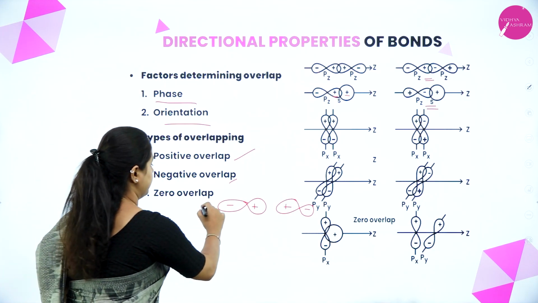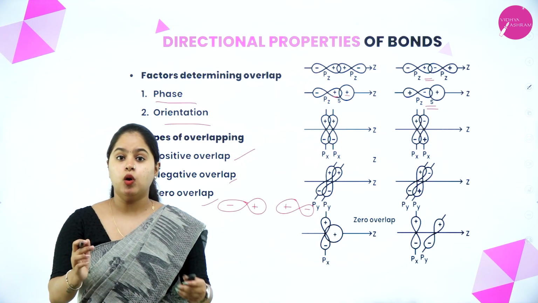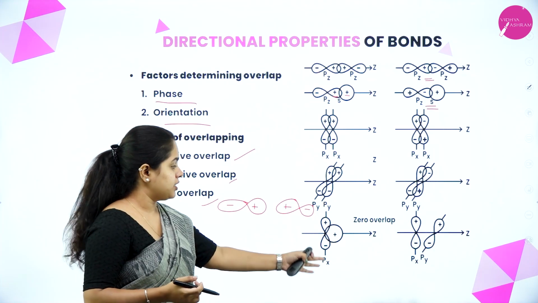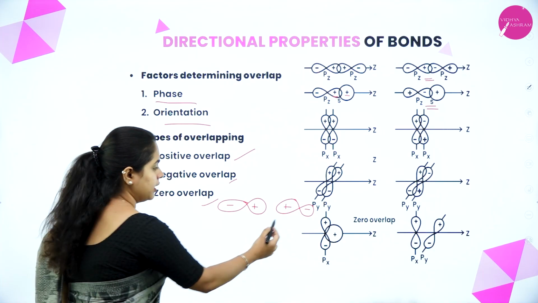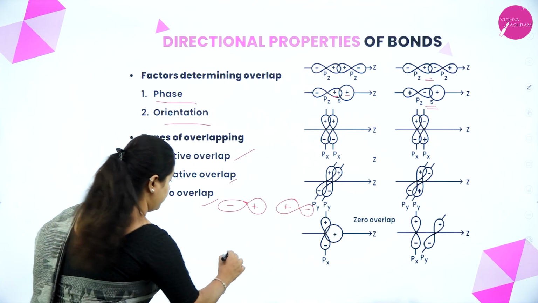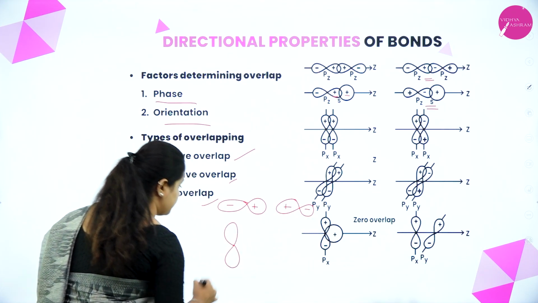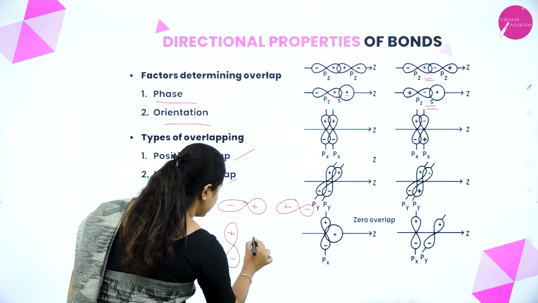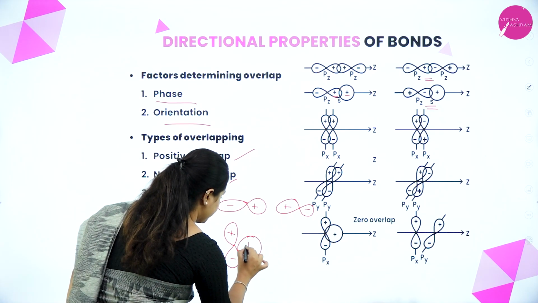Now one more thing is there, that is zero overlap, where overlapping is not even taking place. Now what is that? As you can see in this case, the overlapping is not taking place. Why? A p orbital is present here, the phase is also mentioned, and there is an s orbital here.